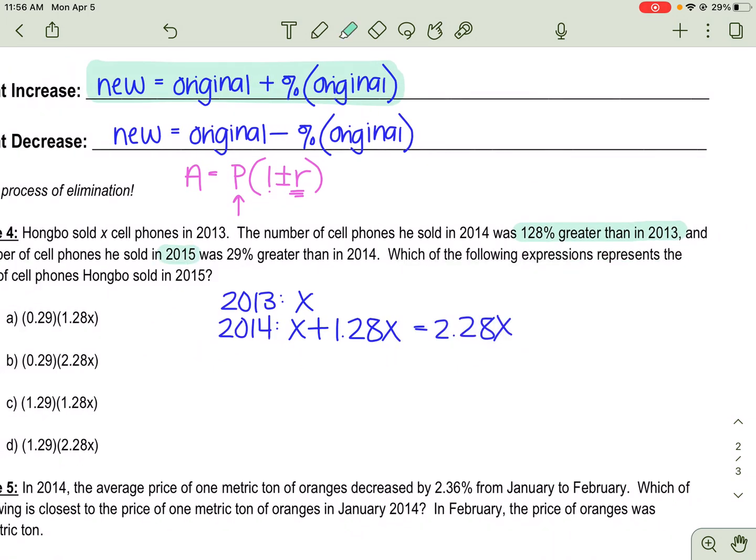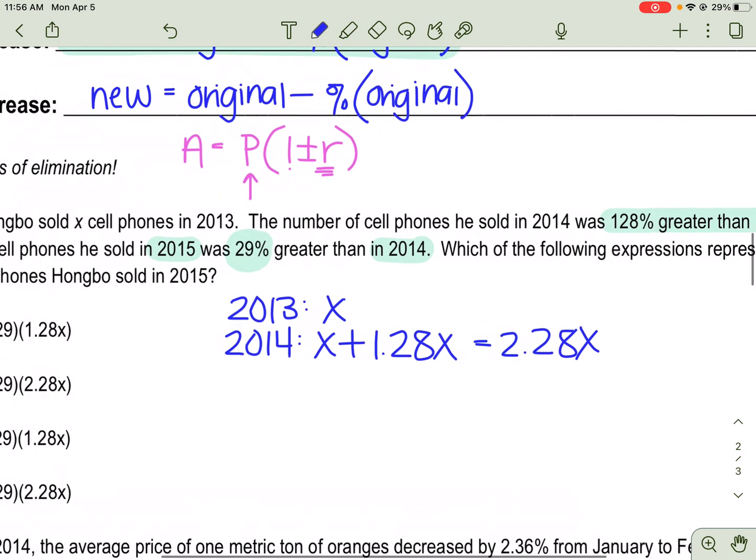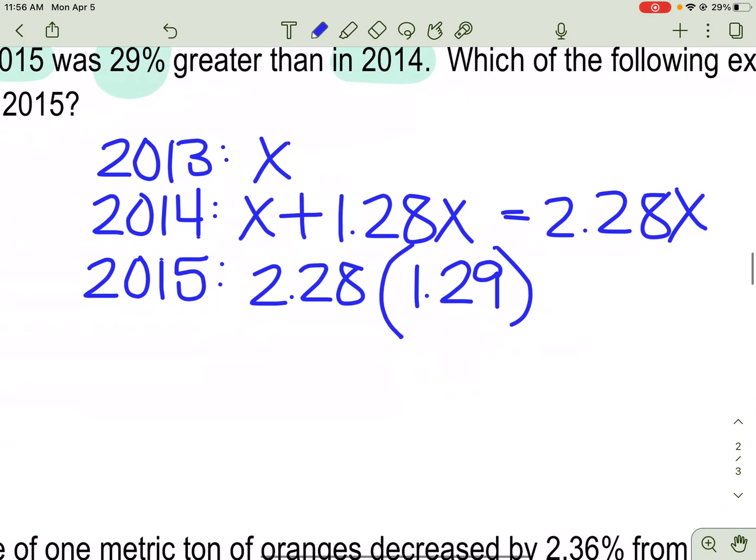Then in 2015, it's 29% greater than in 2014. Okay, well, in 2014, it was 2.28x. So in 2015, it's going to be that original, and then it's going up by 29%. Okay, so I'm going to make that 1.29. Okay, here's why. This is 1. Okay, so that would be it staying the same, and then went up by 29%.